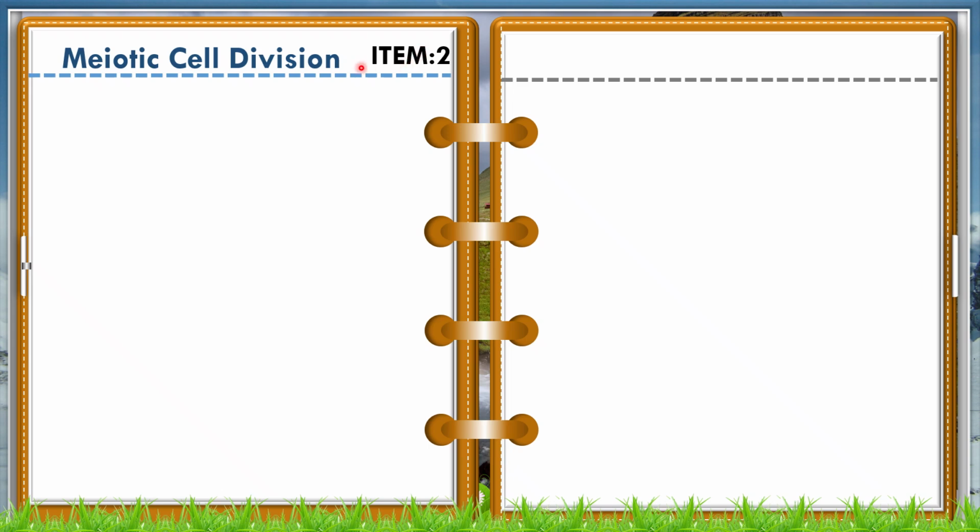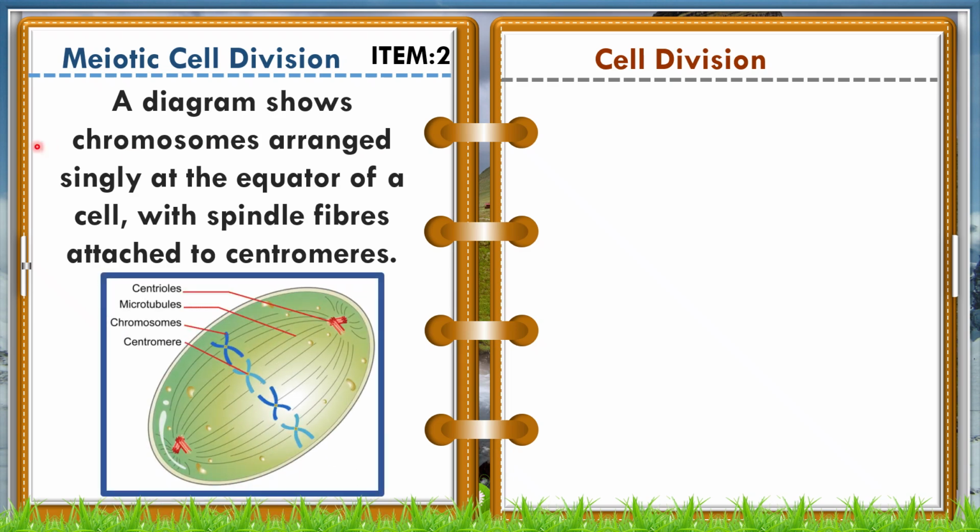Item 2, meiotic cell division. We are going to emphasize cell division. A diagram shows chromosomes arranged singly at the equator of the cell, with spindle fibers attached to the centromere.